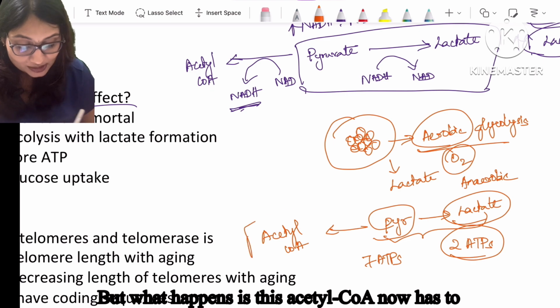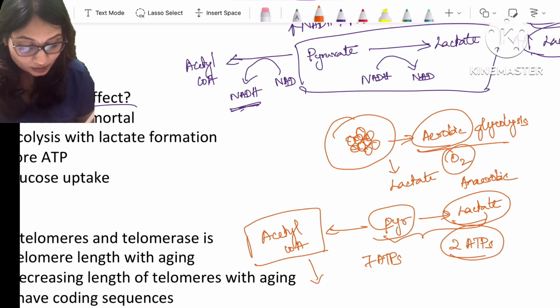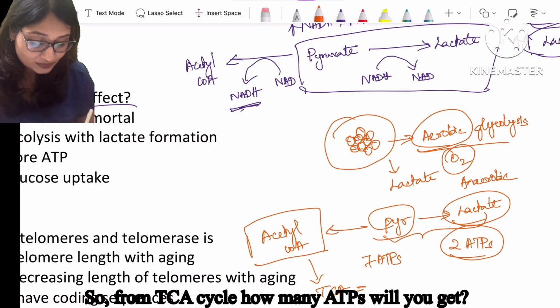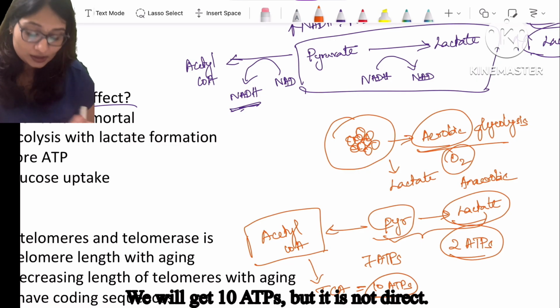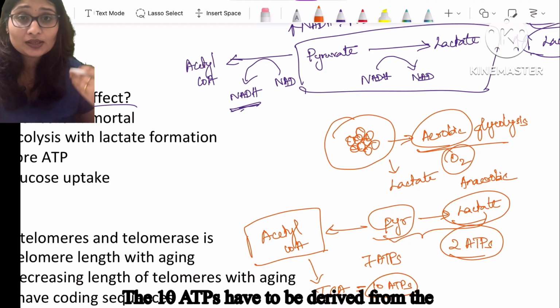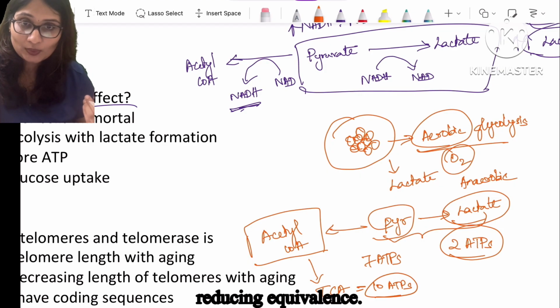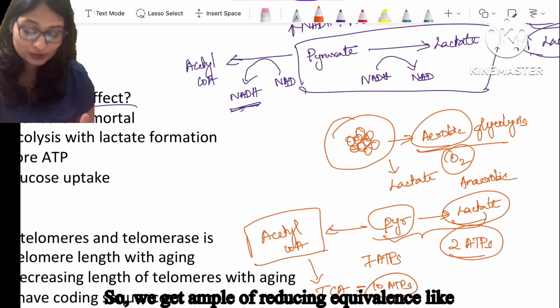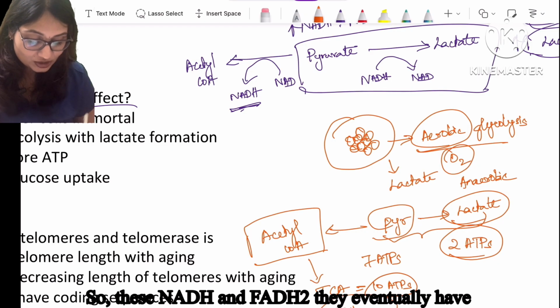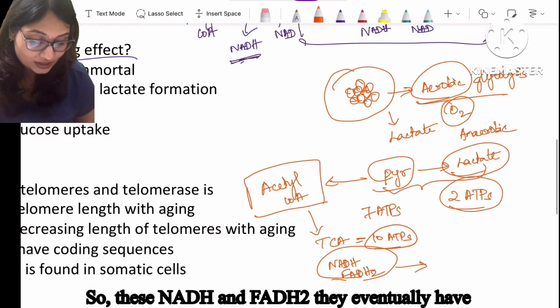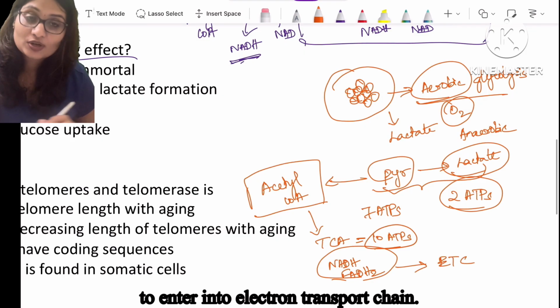But what happens is, this acetyl-CoA now has to enter into the TCA cycle. So from the TCA cycle, how many ATPs will you get? We'll get 10 ATPs, but it is not direct. The 10 ATPs have to be derived from the reducing equivalents. So we get ample reducing equivalents like NADH and FADH2, right? These NADH and FADH2 eventually have to enter into the electron transport chain.